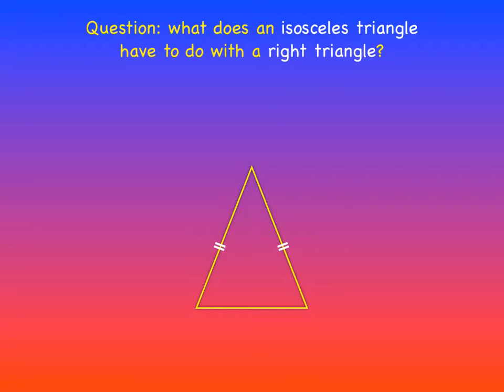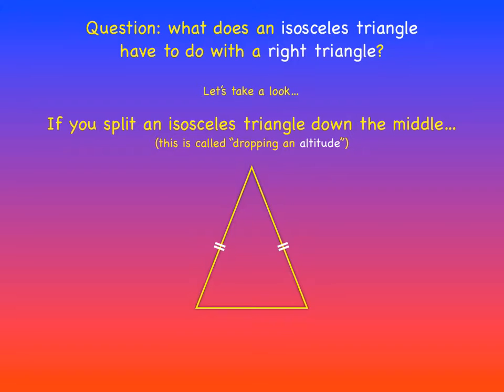Question: what does an isosceles triangle have to do with a right triangle? Well, let's take a look. If you split an isosceles triangle right down the middle, this is called dropping an altitude, you get two right triangles.